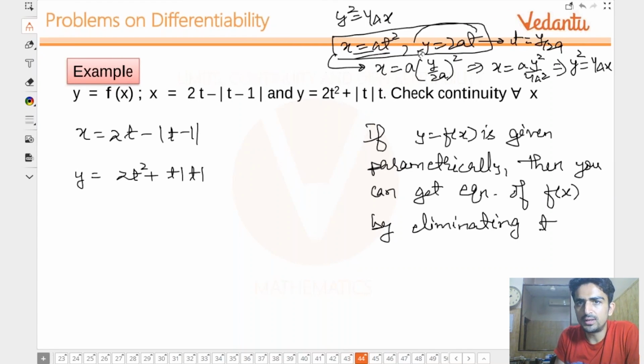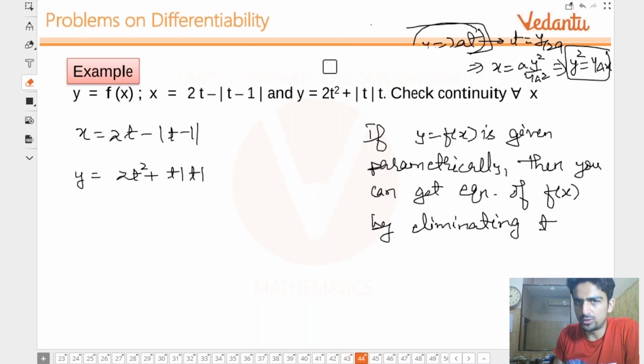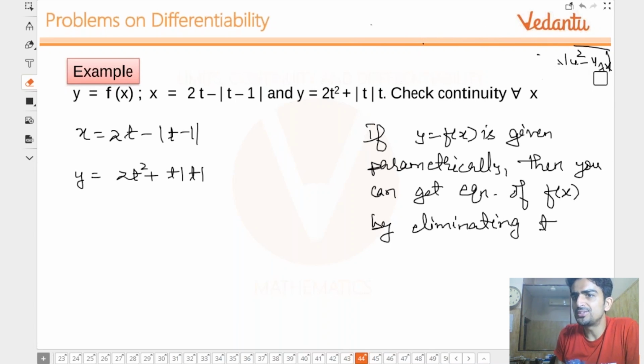I found t from here in terms of y and put it here. So t got eliminated and I get the equation of the curve. So this is basically primarily a part of locus. If a curve is given parametrically, you want to know the equation, just eliminate the parameter.